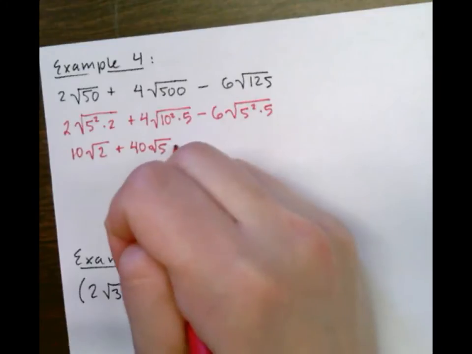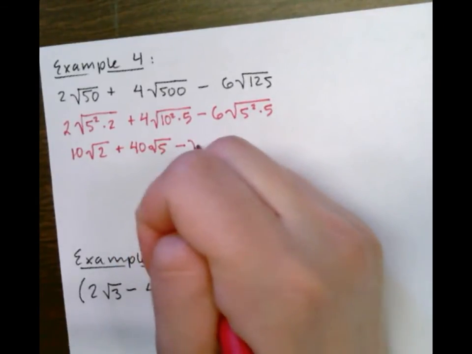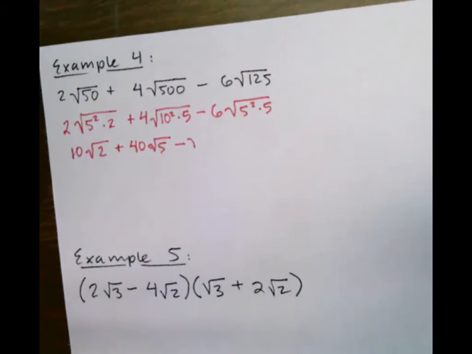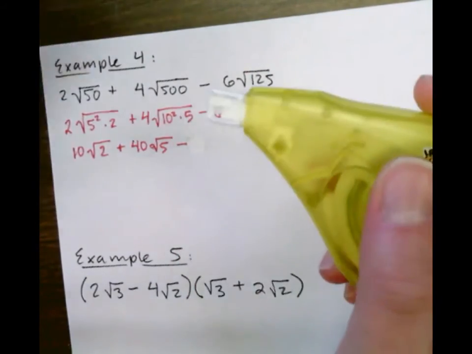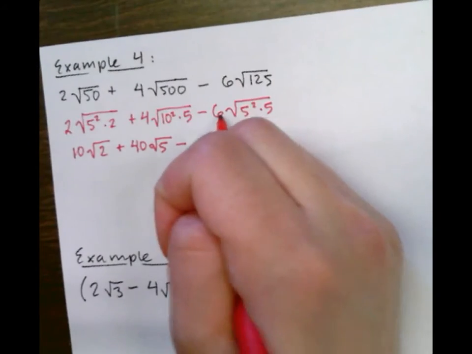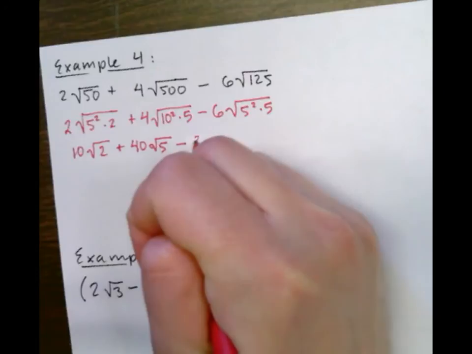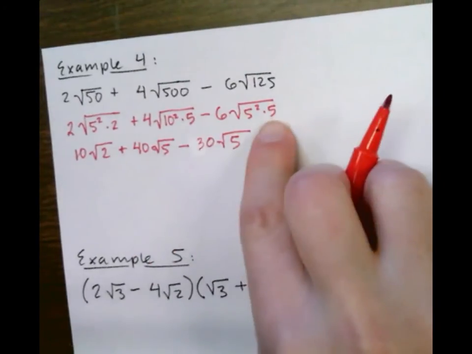And then we have minus the square root of 5 squared is going to be 5 coming out, right? So that means that 5 will get multiplied by 6 to get a 30 here, and what's left over inside would be this other stray 5 right here.